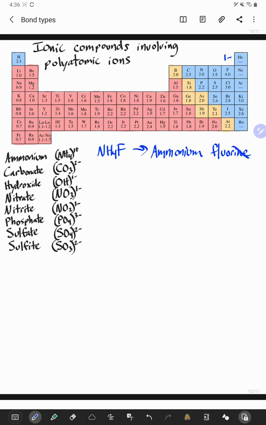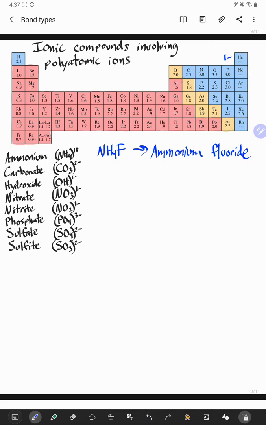But what did we say we're going to do to the ending? Instead of the regular ending, we're going to replace it with -ide. So ammonium fluoride. It's going to be the same case for anything else that starts with ammonium and ends with some other nonmetal.